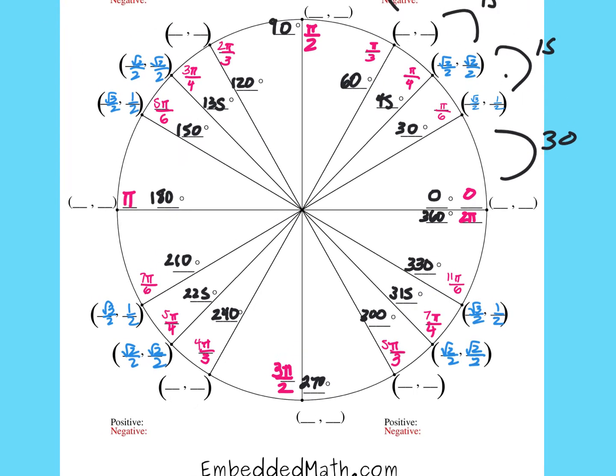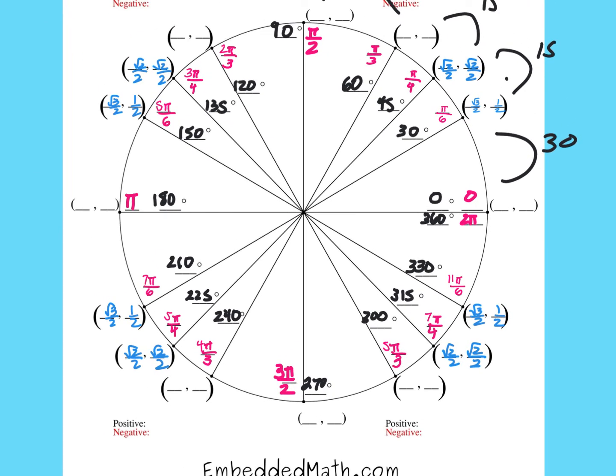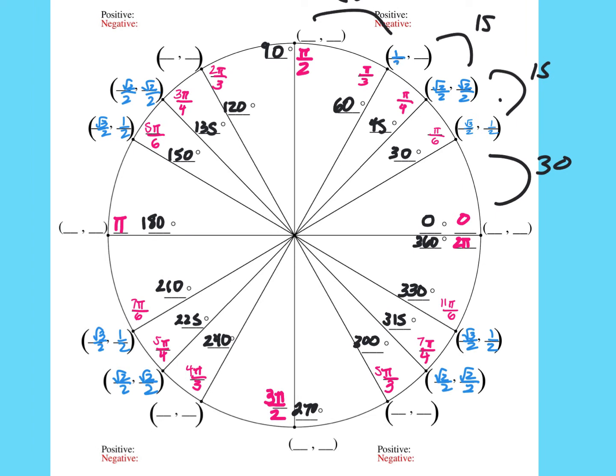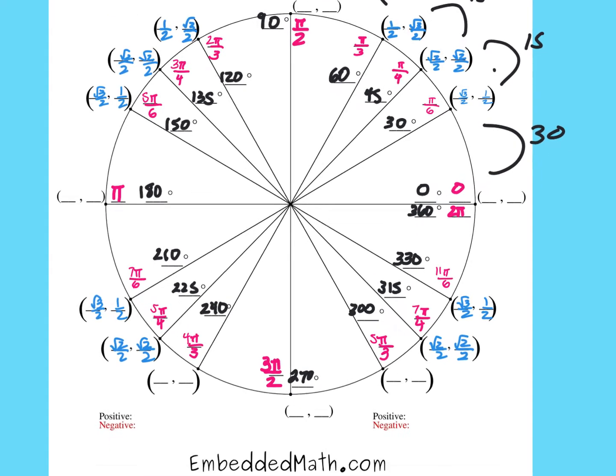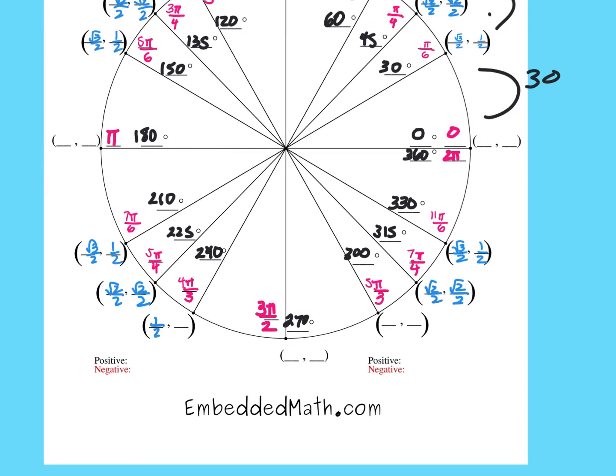And then the over 3s are 1/2, root 3 over 2, repeating around the circle.